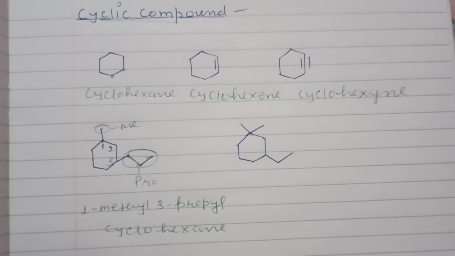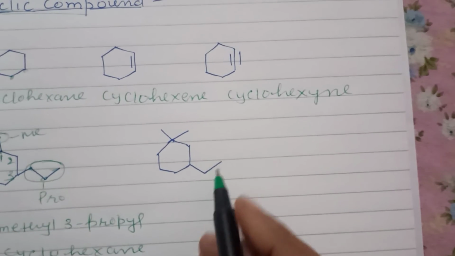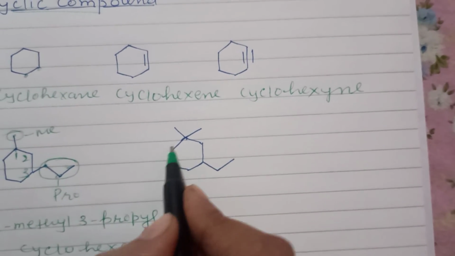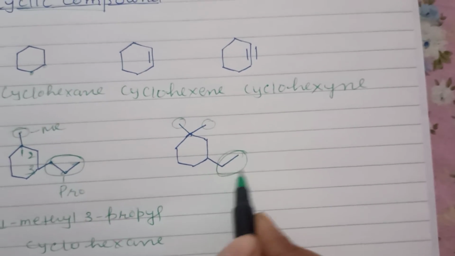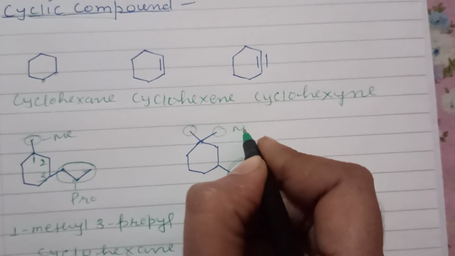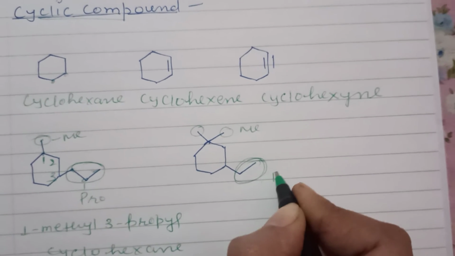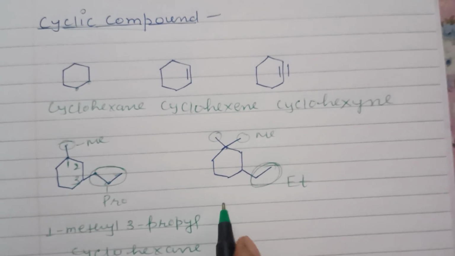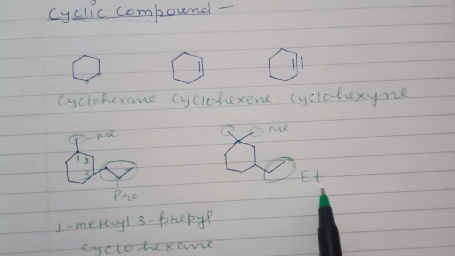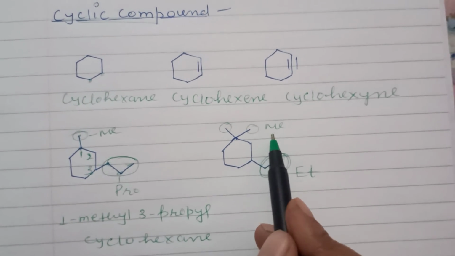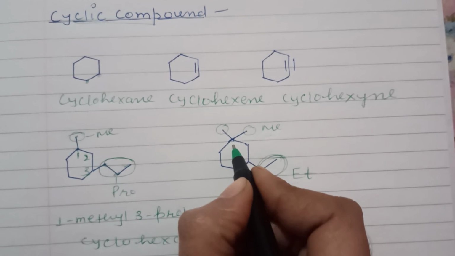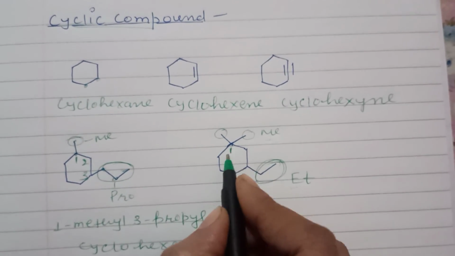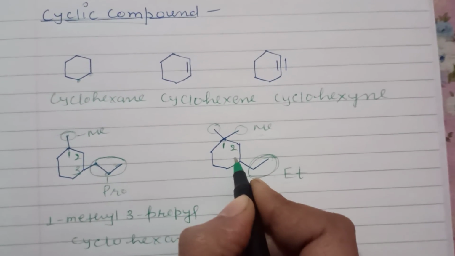Okay, in this way let us name this one compound. For this one compound, these are 2 methyl group and this is ethyl group. Okay, so in alphabetic order, E comes first and M comes later, but here 2 groups are present, so we have to number from here 1 2 3.